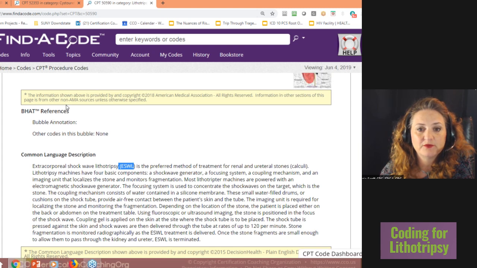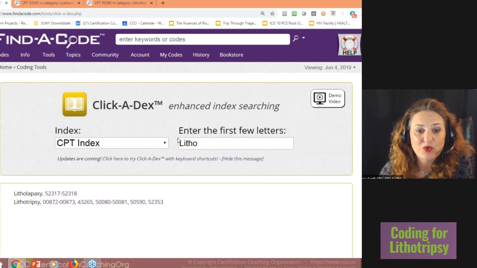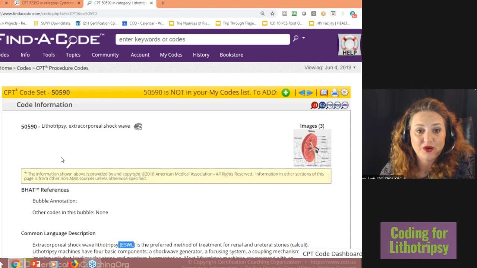Okay, now that all being said, now we know the lithotripsy for the kidneys. When we put in lithotripsy, did any of those cover cardiovascular? No, they do not. Right? So look, this one is lithotripsy, extracorporeal shock wave.